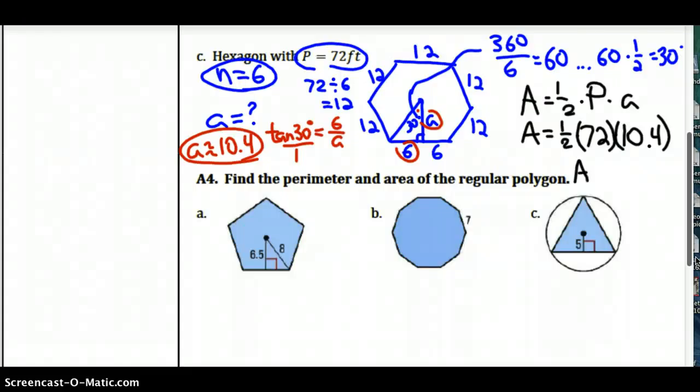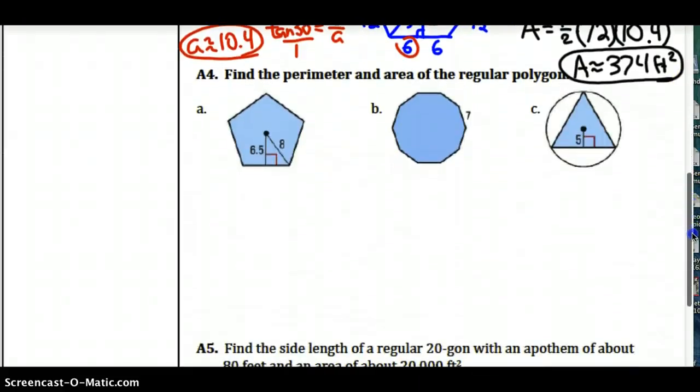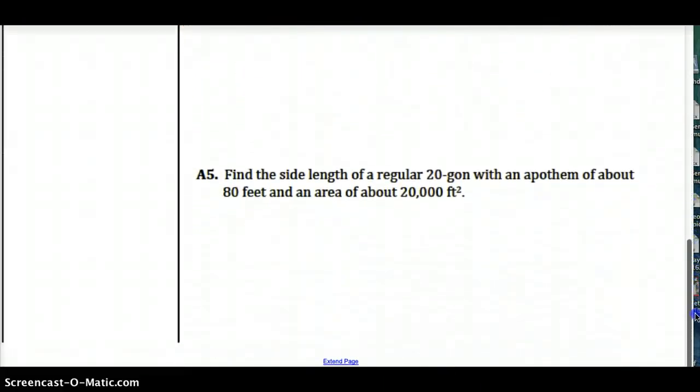And so I'm going to calculate this, and I'm going to get about 374 feet squared. And again, fairly complicated, but step by step it's not so bad. At this time, I'm going to go ahead and leave A4s alone, and you will have some time to work on those. But before we do that, let's take a look at this final problem here.